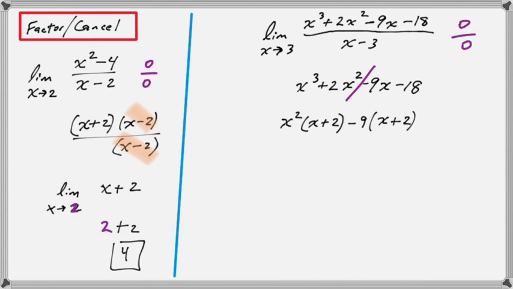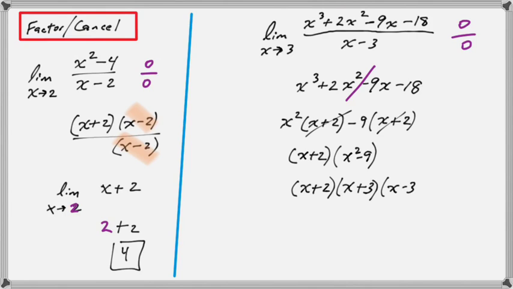So now I have x plus 2, so I take out the x plus 2. What remains is x squared minus 9. X squared minus 9 factors as a difference of squares, x plus 3, x minus 3. It's all divided by x minus 3.